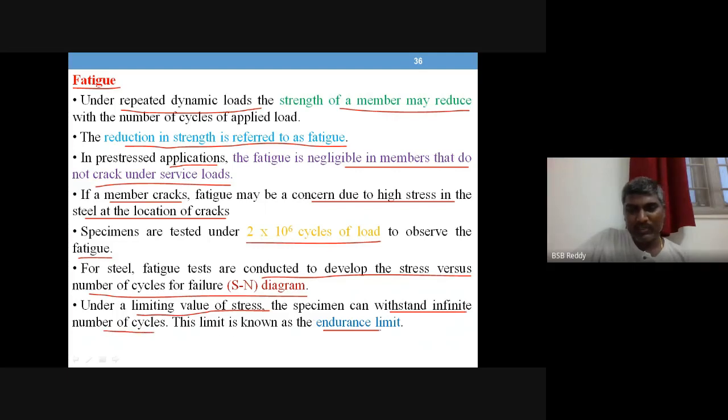That limit is known as the endurance limit. So if you apply say 1,000 megapascal for 2 into 10 power 6 cycles and the member fails, then come down to 900, 600, 500. If it is sustained for 2 into 10 power 6 cycles, then that 500 is called the endurance limit, and it can in fact take any number of cycles beyond that.